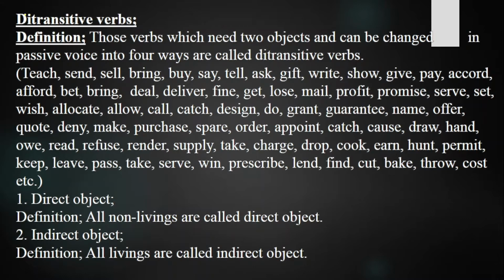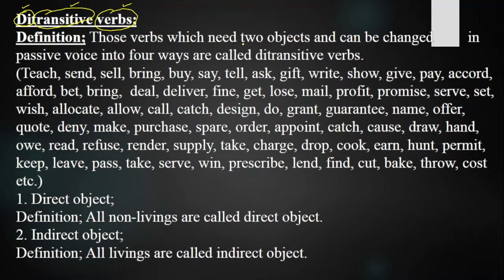Ditransitive verbs. One is mono, one is di. Mono means one in Greek and di means two. Transitive verbs are verbs that can be changed from active voice into passive voice, and a verb shows an action, state, condition, etc. So the definition of ditransitive verbs is: those verbs which need two objects. See, di means two.